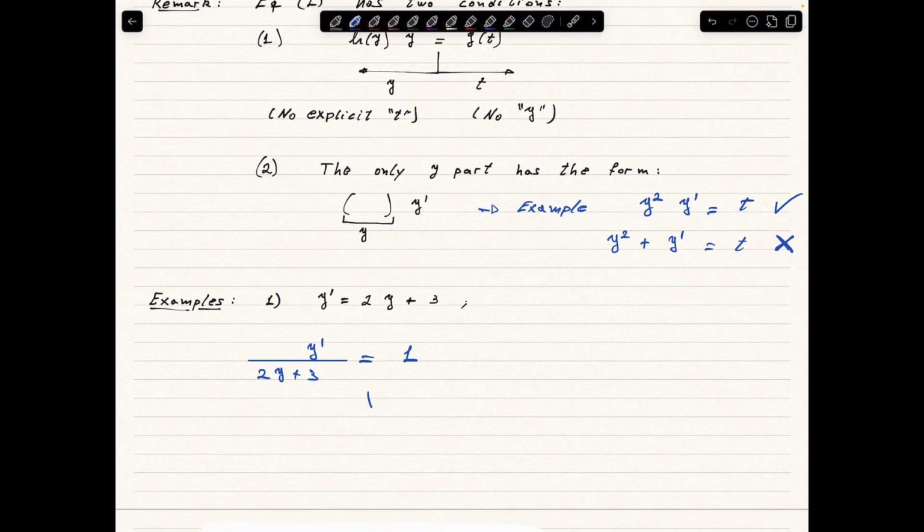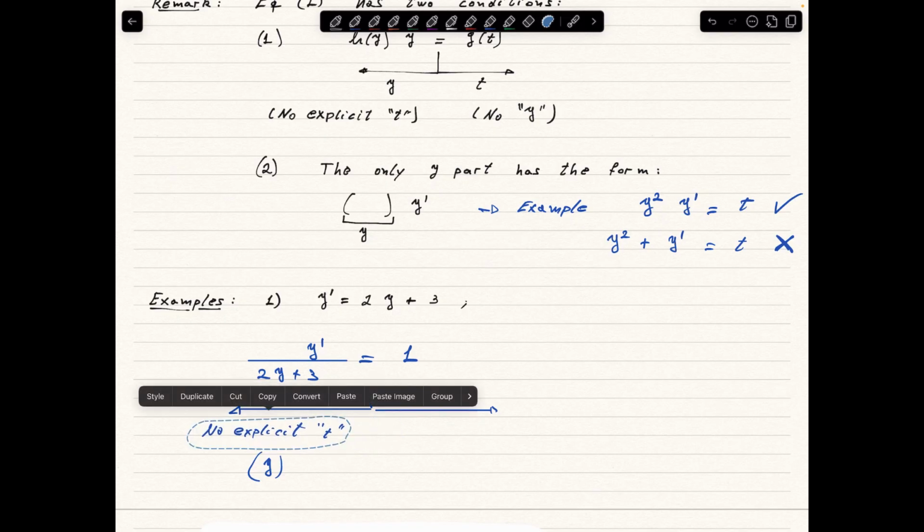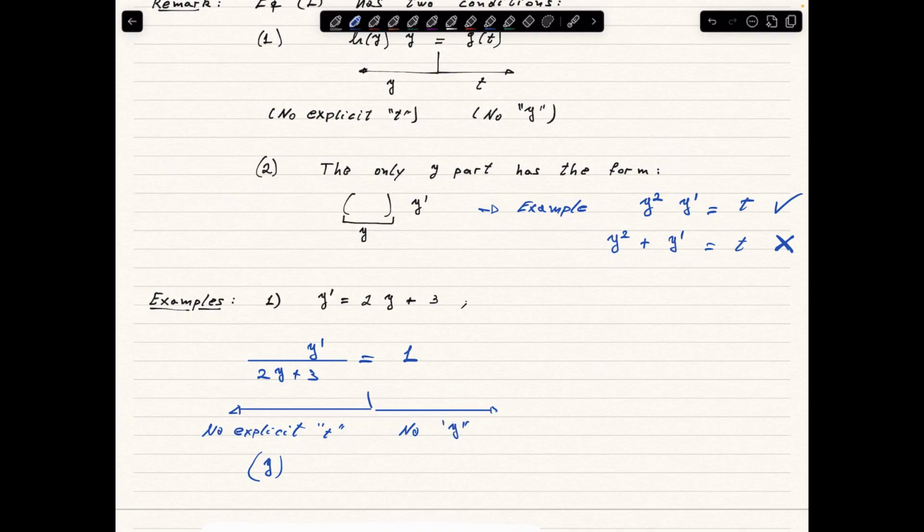That's perfect. On this side, we have no explicit variable t, so by that we mean only y. And over here we have no y, so by that we mean it depends only on t.